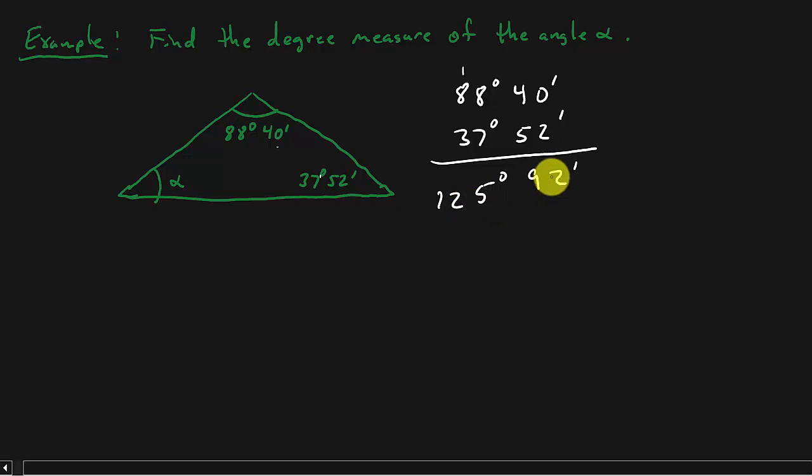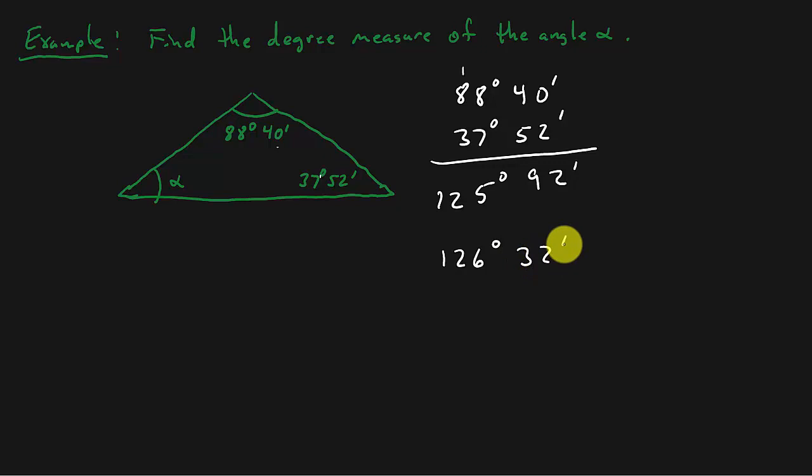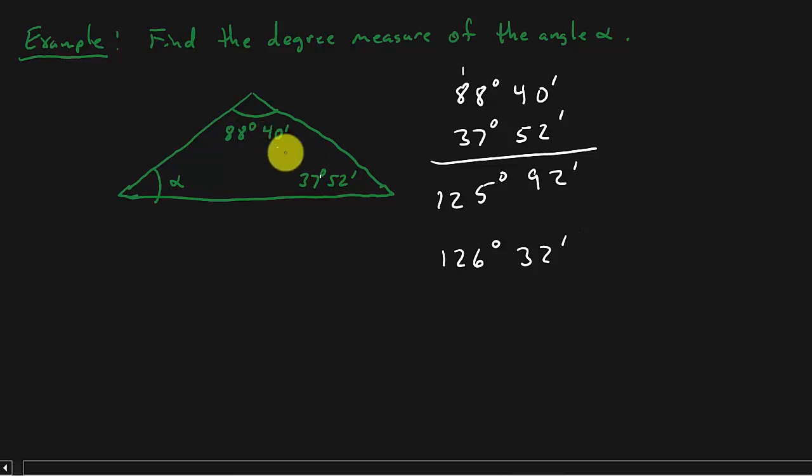So I got to take away 60 minutes, and that converts into 1 degree. So that's 126 degrees. And then if I do 92 minus 60, that's what? 32 minutes. See that? All right. So these two angles add up to 126 degrees, 32 minutes.